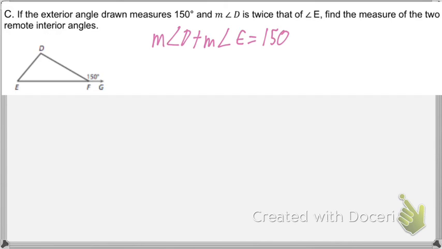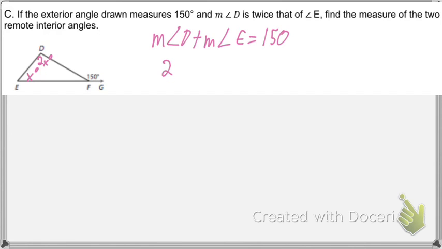Does anyone know the algebraic way we could go about this? Okay, Max. You can divide 150 by 3. Okay? Well, you know that D plus E equals 150, and then you can divide 150 by 3. So you basically have 3 equal parts, and D just has 2 of those equal parts because it's twice that. Right. Another way to verbalize that algebraically is if we call E x degrees, what would we call D? 2x degrees, double it.